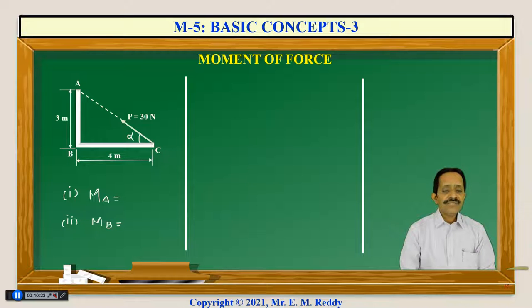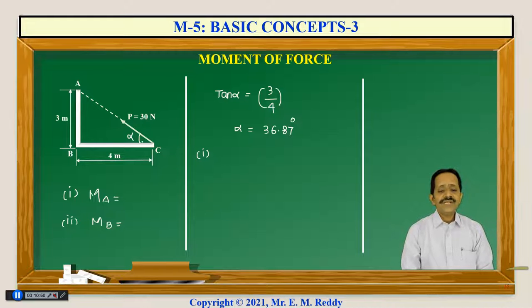From the right angle triangle ABC, we have tan alpha is equal to opposite side by adjacent side. This gives you alpha equal to 36.87.